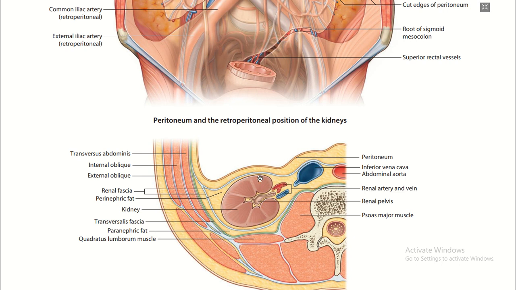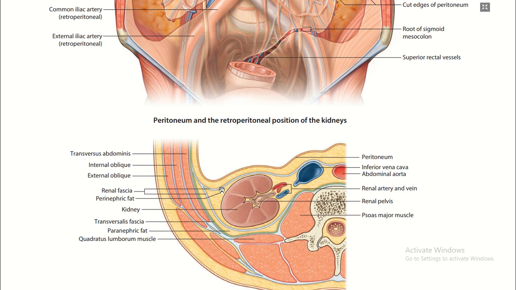Your perirenal fat can also be called your perinephric fat, and this fat communicates with the other side. Within this fat you can see the inferior vena cava and the abdominal aorta, and it extends to the other kidney.